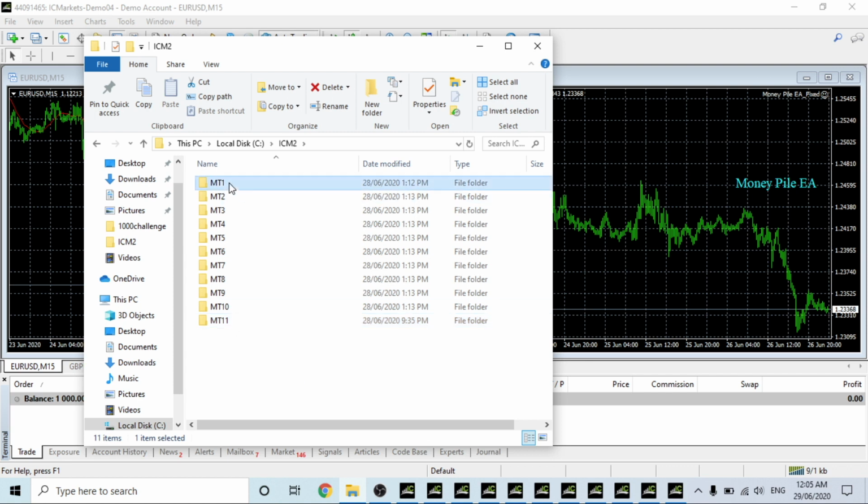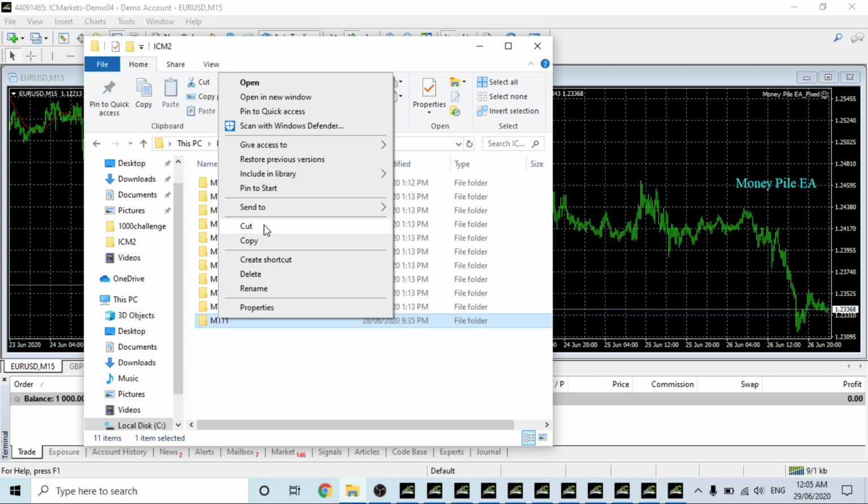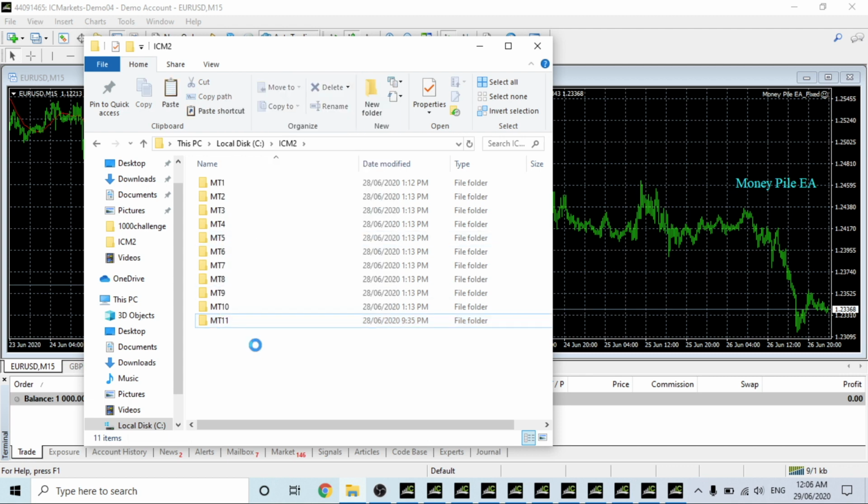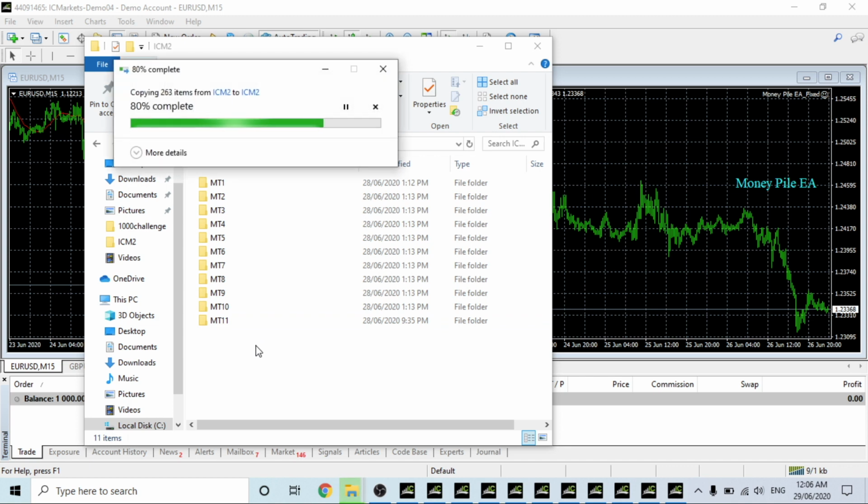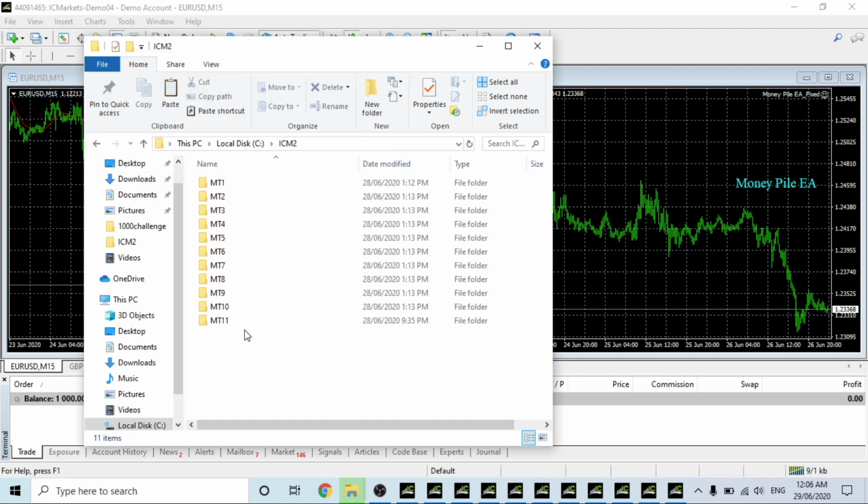But essentially all I did was I installed the ICMarkets trading platform, which is this MT4 terminal here, into MT1, and then I just copy pasted it until I got to 11, and then just renamed it, because when you copy paste it, it puts a copy 1 and copy 2 and all that kind of stuff there, as I'll show you here. So I'll just delete it anyway.